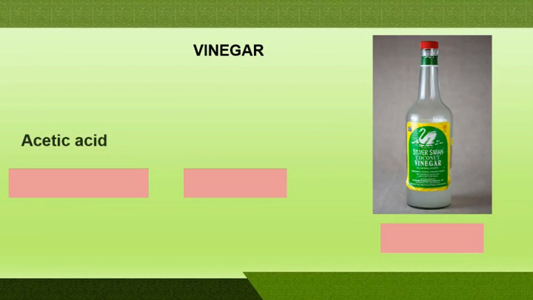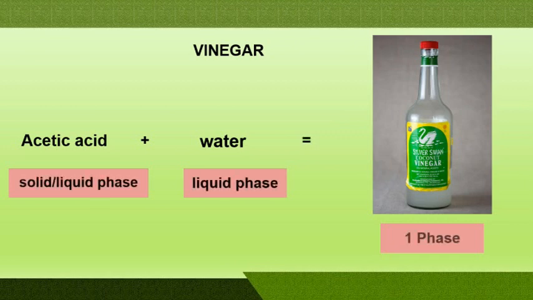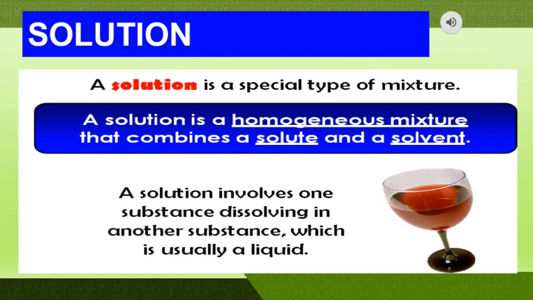Vinegar is a mixture of acetic acid and water. Acetic acid is a solid or liquid phase. Water is a liquid phase. Vinegar is a homogeneous mixture because it has only one phase.